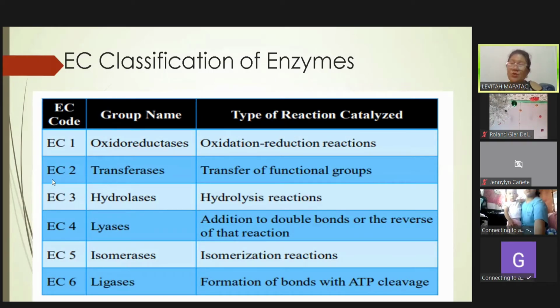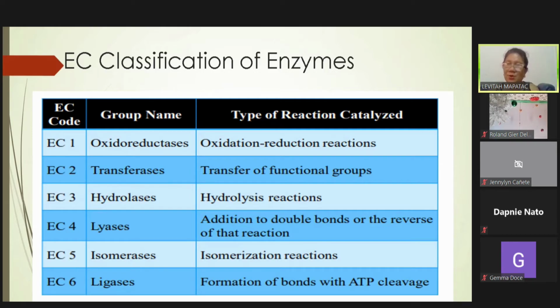Then EC2 is the transfer of functional groups, from the word transfer. They add it with ACE. Transfer then ACE. Whenever a functional group, for example from an alcohol, is transferred, the enzyme used there is the transferases.